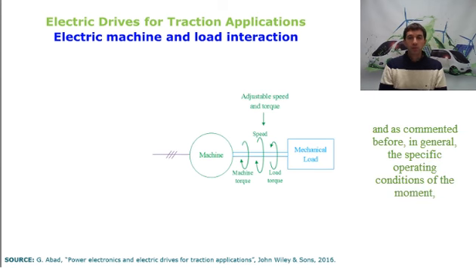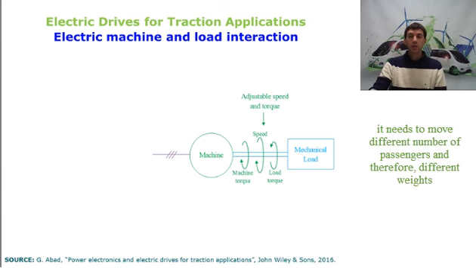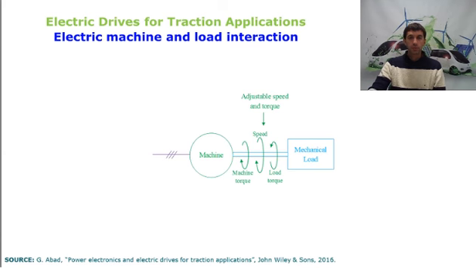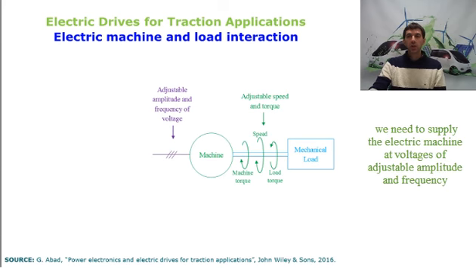And as commented before, in general, the specific operation condition of the movement might require the capacity to obtain adjustable speed and torque. For instance, in an electric vehicle, from journey to journey, it needs to move a different number of passengers and therefore different weights. Hence, in order to obtain this adjustable torque and speed, we need to supply the electric machine at voltages of adjustable amplitude and frequency.